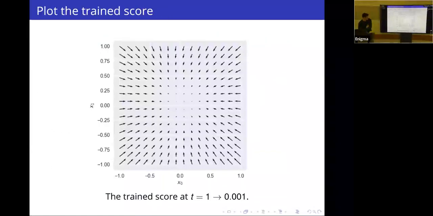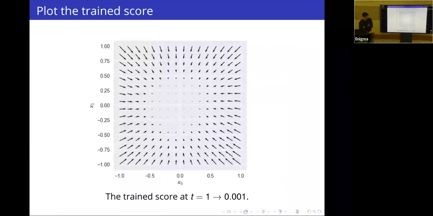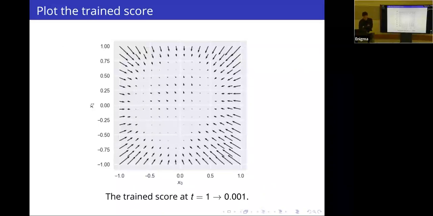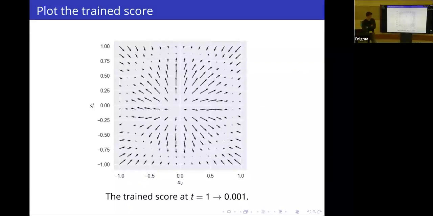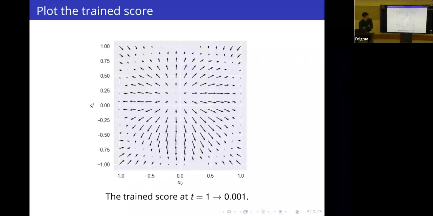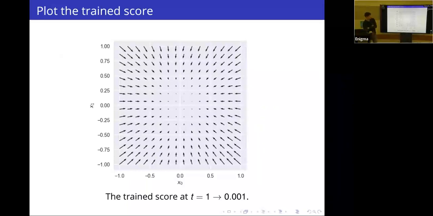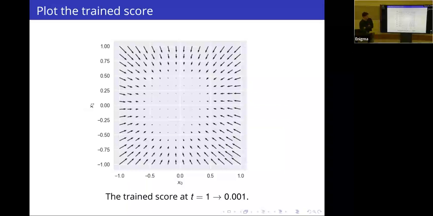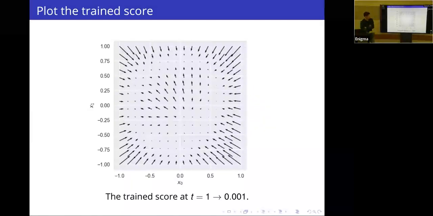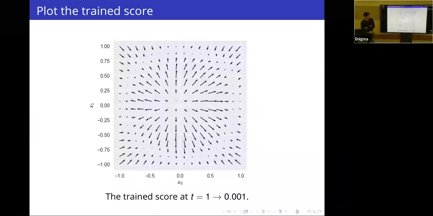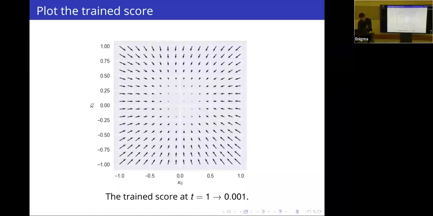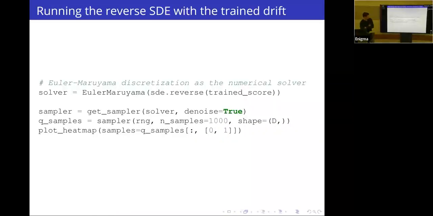Then we can plug in the trained score, which I've plotted here again as an animation as forward time t goes from 1 to 0. And you can see it's not the same as the empirical score, which was exact. So there is some approximation error. Again, Euler-Maruyama solver for plugging this drift into the reverse SDE, but any solver could be used.